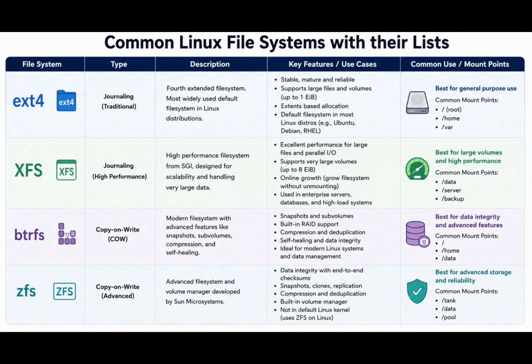Common Linux file systems. Linux supports several file systems, each designed for different use cases. Let's look at the most common ones. Extension 4. Extension 4 stands for Fourth Extended File System. It is the most widely used Linux file system today.